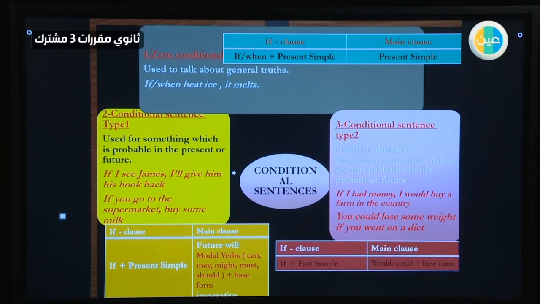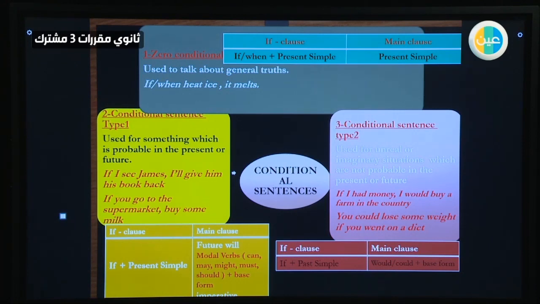General truth. Like when I say, girls or students, if you heat ice, what will happen? It melts. So this is a general truth. Or when you heat ice, it melts. So if present, this is 0 for general truth.